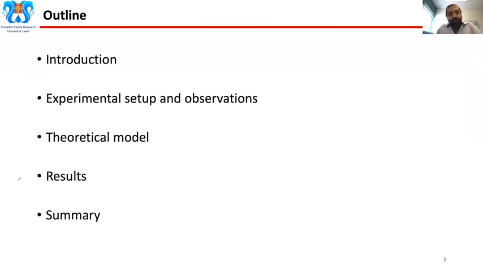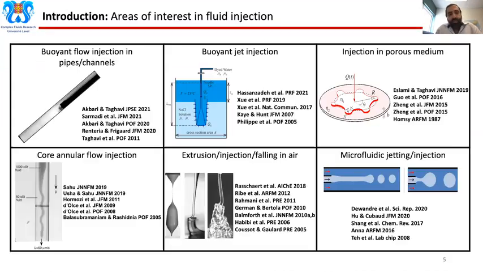With that, the outline of my talk is: the introduction, then the experimental setup and observations, then the theoretical model to explain the experiments, and then results and a brief summary.